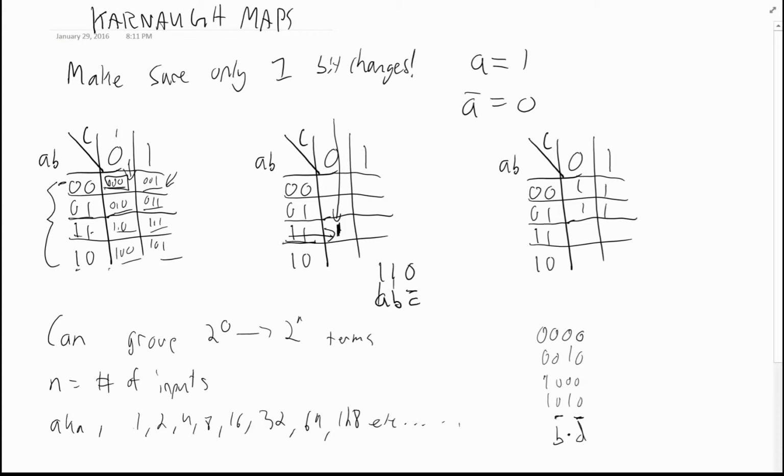Because 1, 1, 0. Okay, well, let's take a look at this guy over here. Well, what are its possible combinations? Well, this one is 0, 0, 0. This one is 0, 0, 1. This guy is 0, 1, 0. And this guy is 0, 1, 1.